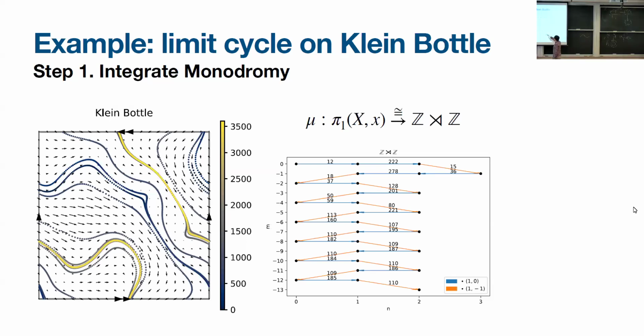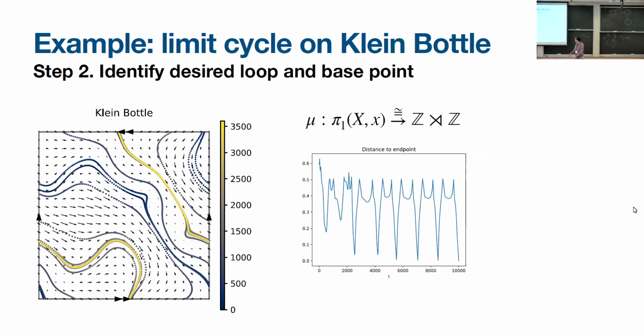As I go along this path, I accumulate these group elements. I just multiply them, and I travel through this space of group elements. And you can see that initially it doesn't converge to your limit cycle, but when it converges to a limit cycle, it does this oscillation in the space of your group elements.